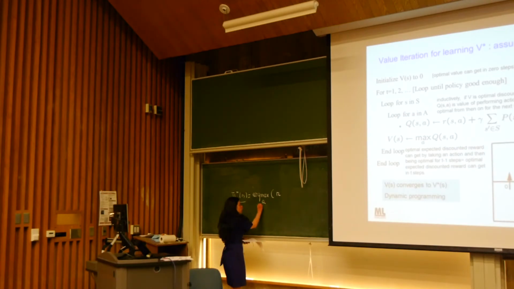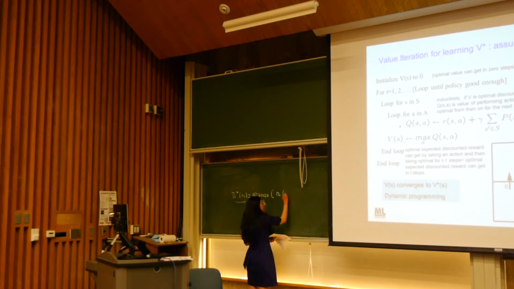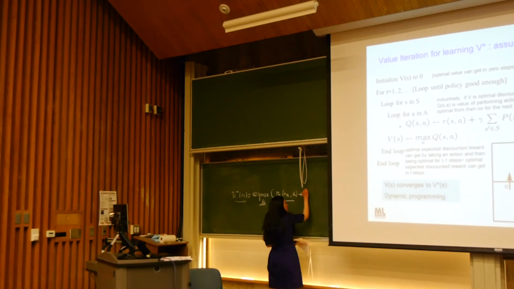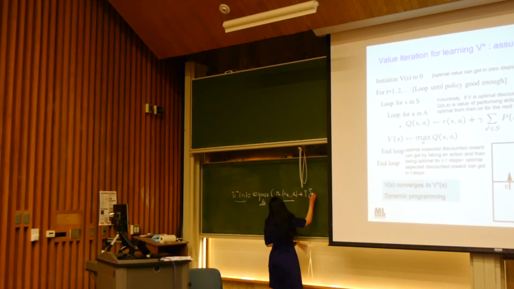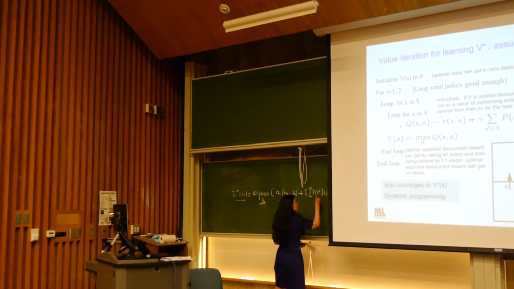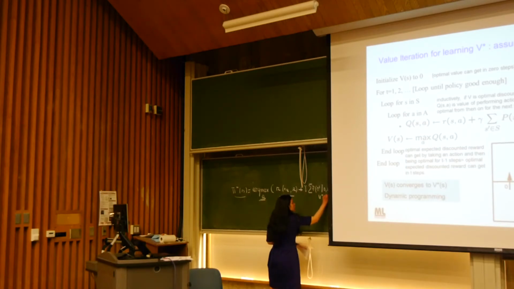And I'm going to think about which one of them is the best one. I have some immediate reward, right? Plus, this is the immediate reward. Plus, when I'm going to discount, I know the transition probabilities. I know where I might go. So it's the sum over the probability of landing in a certain state S prime given S and by doing action A, times V star of S prime.